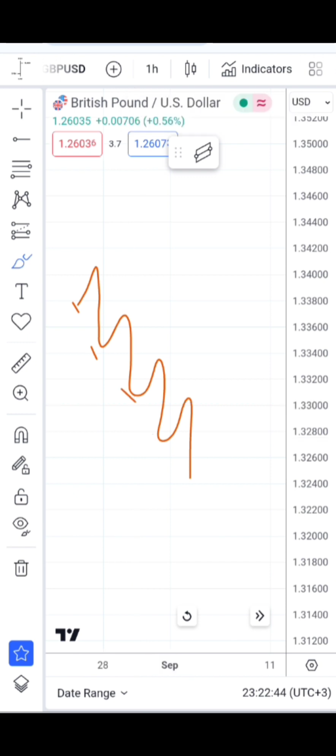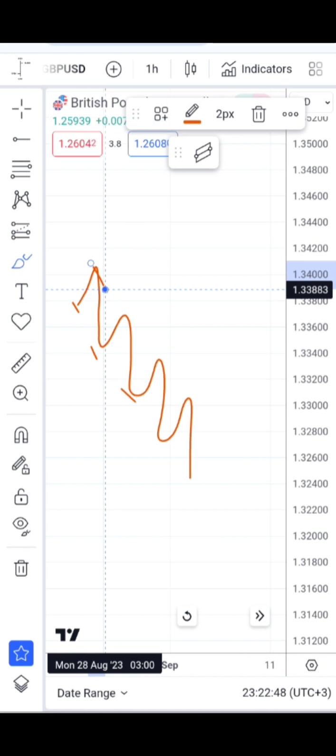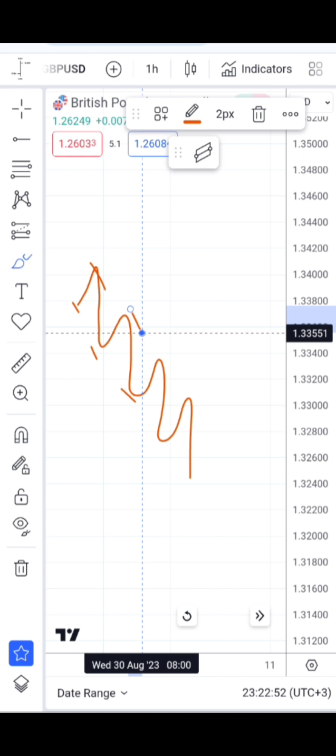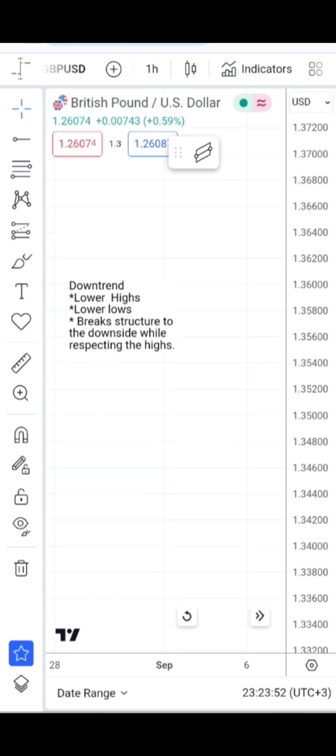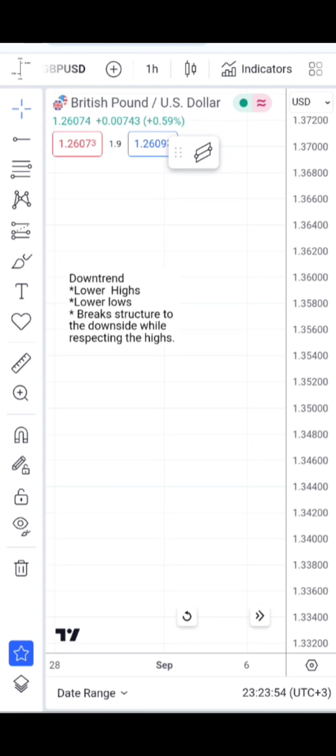And the next high, from this low creating this high, the following high is lower than the previous high, so the high that follows is also lower than the previous high. So we would say in a downtrend, the market creates lower highs and lower lows.